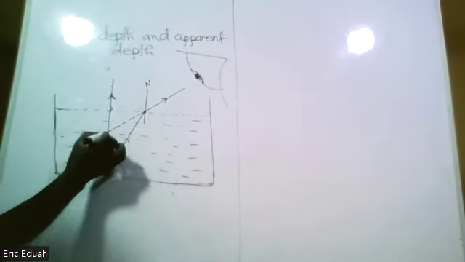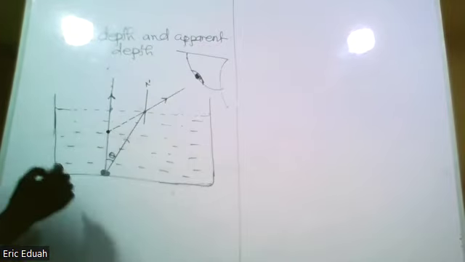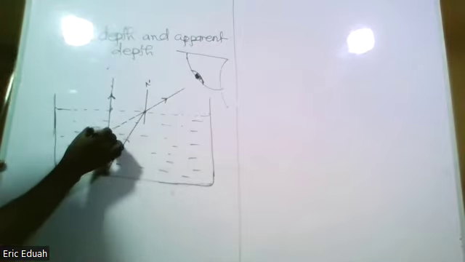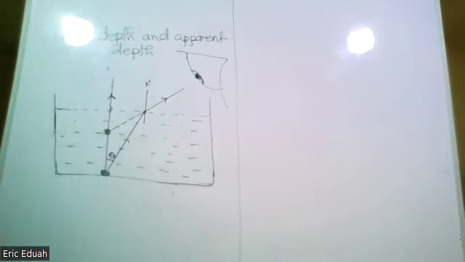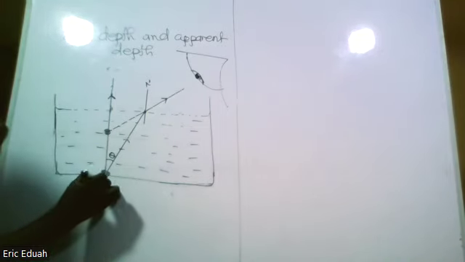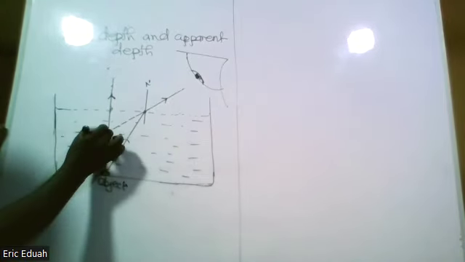Where it appears to meet this ray becomes the virtual position of the object. So this is the object, and this becomes the image.